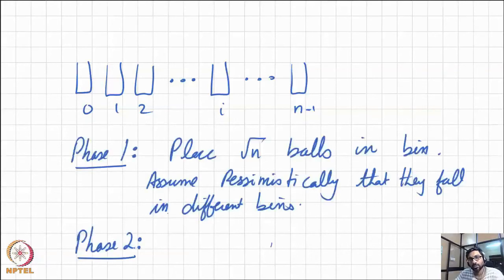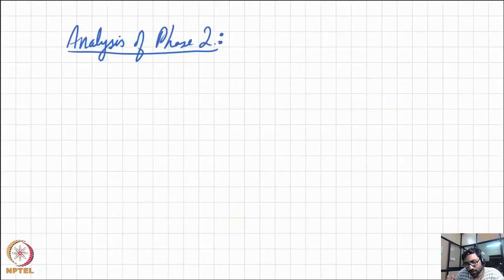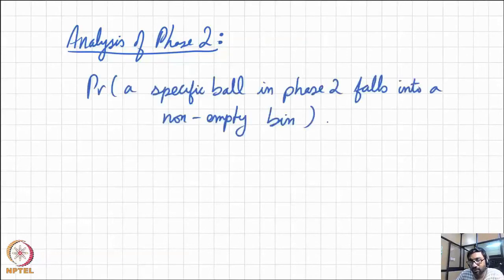In phase 2, we will place the second square root of n balls, but now we'll have to be a bit more careful. So our entire focus is going to be on phase 2, and let's ask the question, what is the probability that a specific ball in phase 2 falls into a non-empty bin?